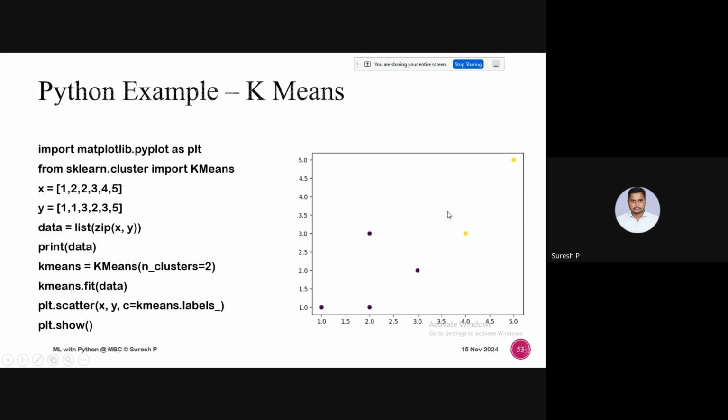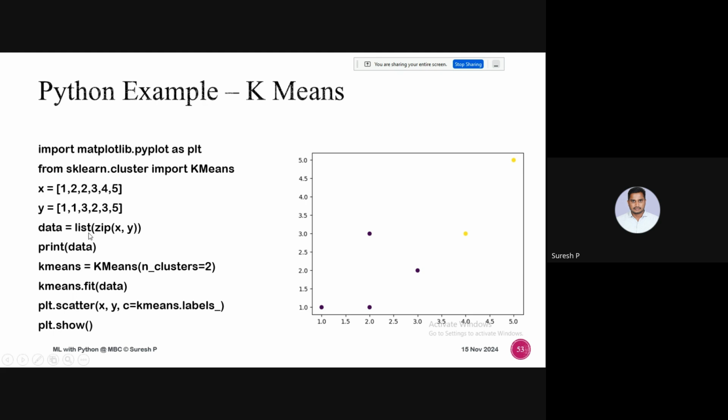It can be 3-dimensional, x, y, z, or even 4-dimensional. It's very simple. The respective dimensions should be taken, and the Euclidean distance has to be calculated. That's why I have given the formula for Euclidean distance in n-dimensional space, like x1 minus y1, x2 minus y2, x3 minus y3, like that.